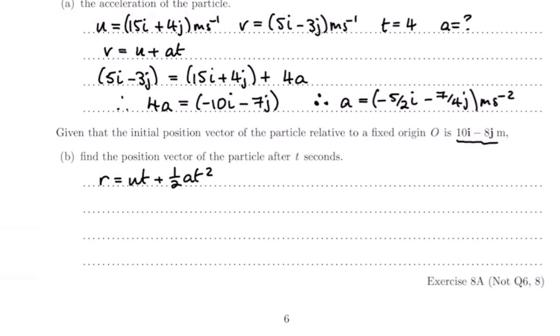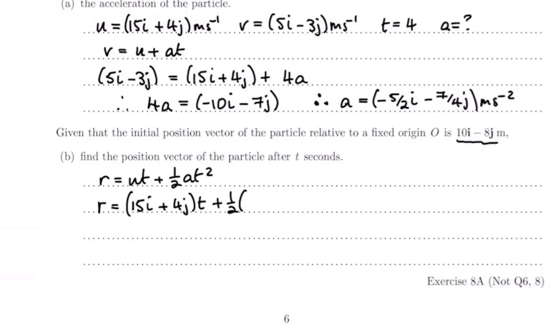So we've got r equals, now u was 15i plus 4j, times t, and then it's plus a half.